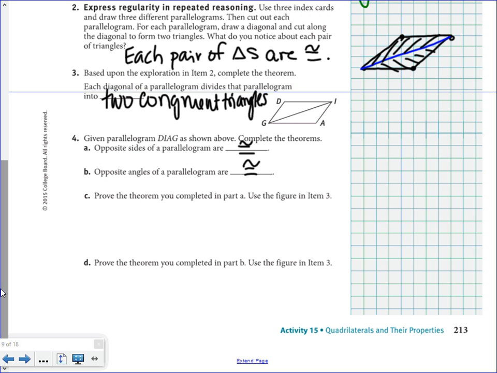So, first thing we need to do is to notice that we have 2 triangles. We have triangle DGI and triangle IAG.